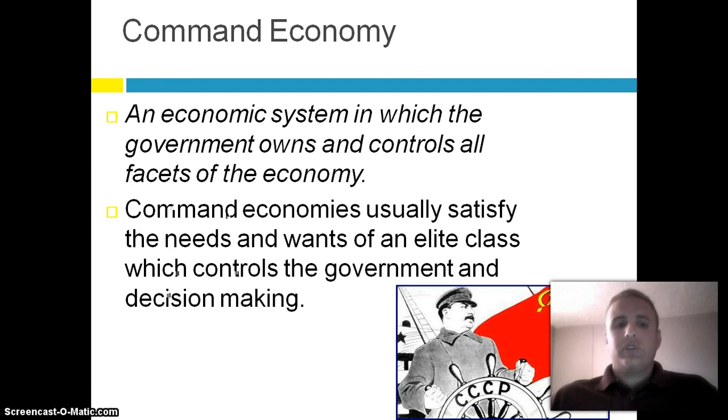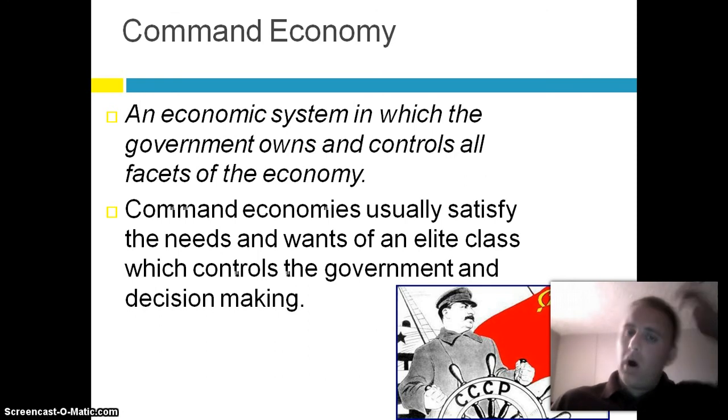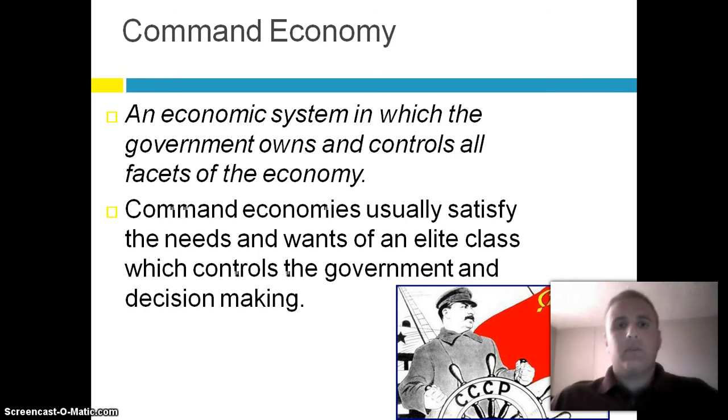Command economies usually satisfy the needs and wants of an elite class of people, which controls the government and the decision making. Therefore, going to the Soviet Union as the case here, Joseph Stalin and his government would control all facets of the economy.